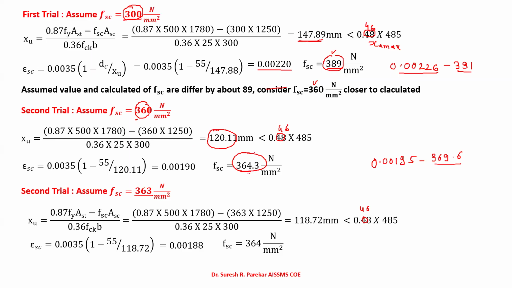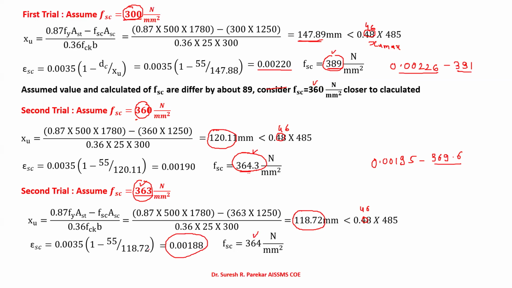So I have again considered closer to 364. So I have taken this as 363. And now I have substituted 363. For 363, we got XU 118.72. And for this, we got 0.00188. And we have this value 364.3. So we have considered closer to it, 364 Newton per mm square.